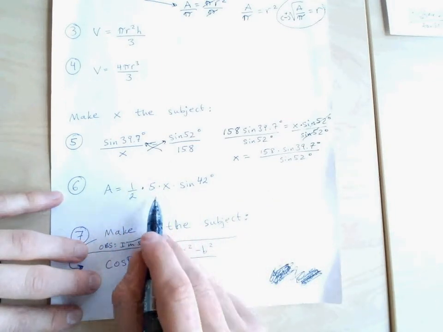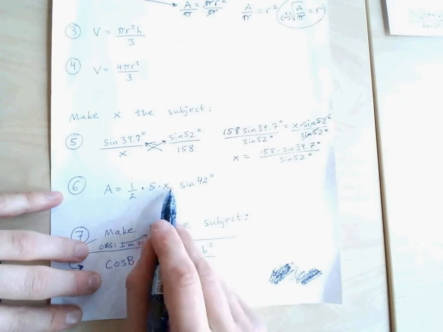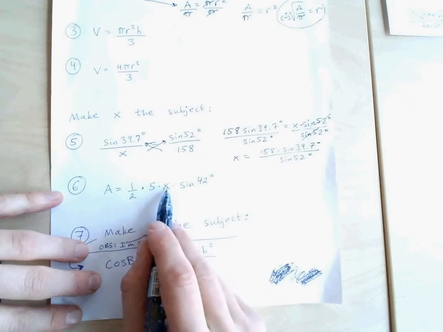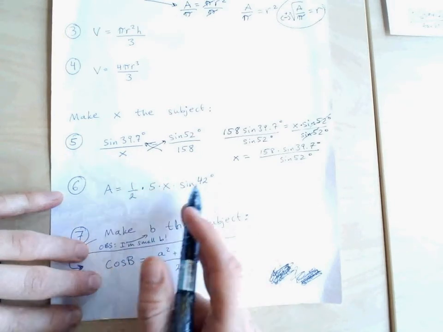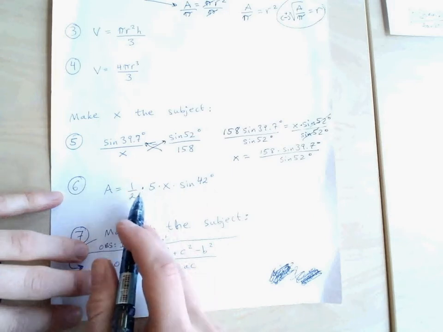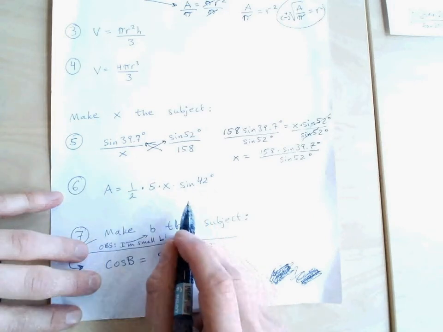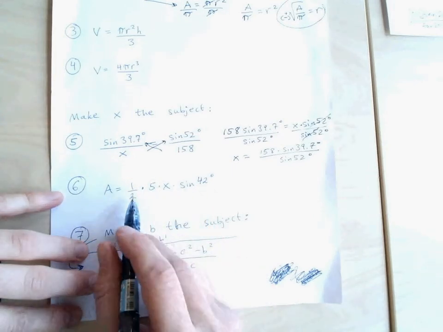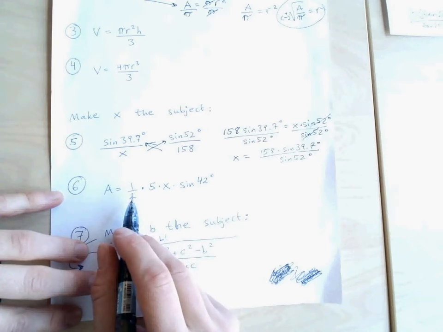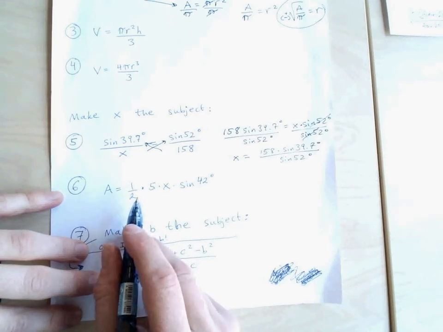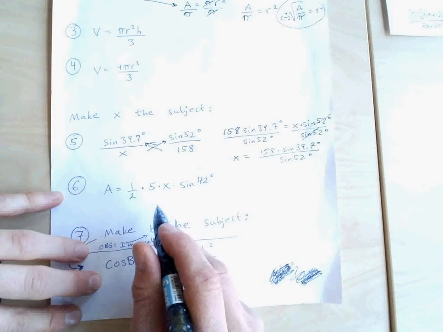Make X the subject in this one. We want to write X alone here. Basically, we want to move all the other factors to the other side. So first we can, I don't know what is easiest for you.